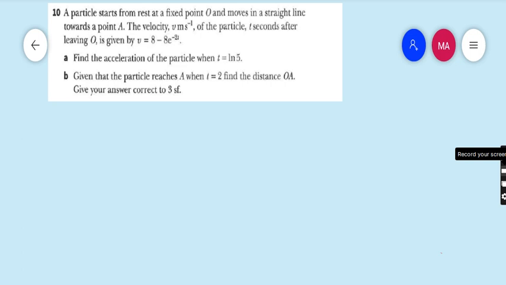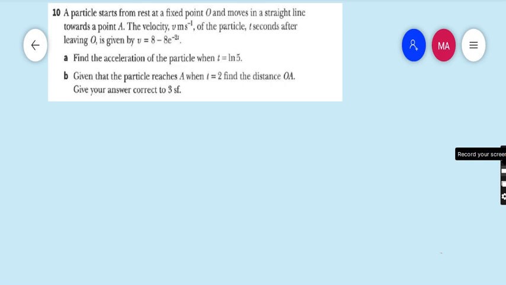What next? How many chapters are left in our course? Only 3 chapters: chapter number 5, chapter number 10, permutation and combination, and chapter number 13, vectors. So out of 16 chapters, we have successfully finished 13 chapters, all exercises, all questions, all parts.